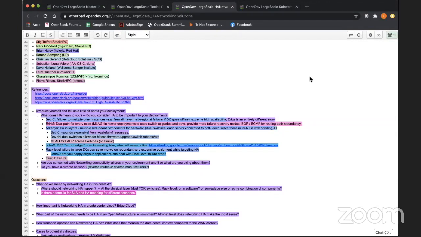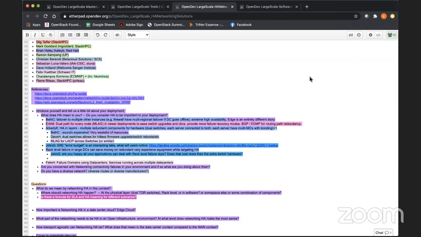But it's hard to do anything HA without at least physical redundancy, and then how you apply software redundancies and the capability to take advantage of that on top is, I think, a moving target in today's games, at least on the research side. I don't know if anyone's looking into those sorts of things where you're bringing dark fiber into your data center and then essentially handling it from there.